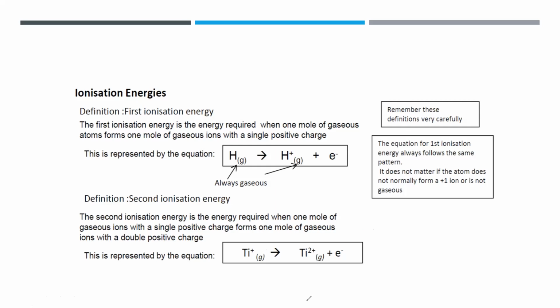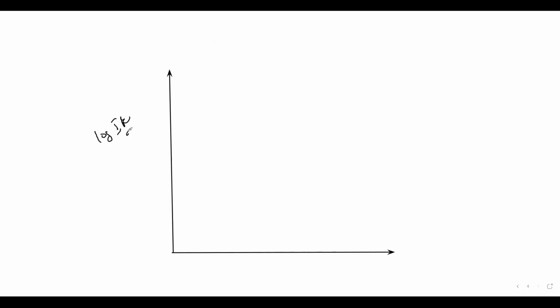So when we sketch a graph for log of ionization energy and the number of electrons removed, why are we taking a log of ionization energy?